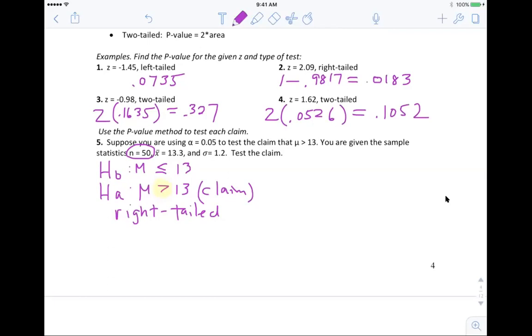Step 3 is finding that z-score with the formula. So if I follow along that formula above, that says do x bar, 13.3, minus mu. Where you get mu is always from your hypotheses. So we're using that 13 from hypotheses. In the bottom, we have sigma 1.2 divided by square root of n, which is 50.